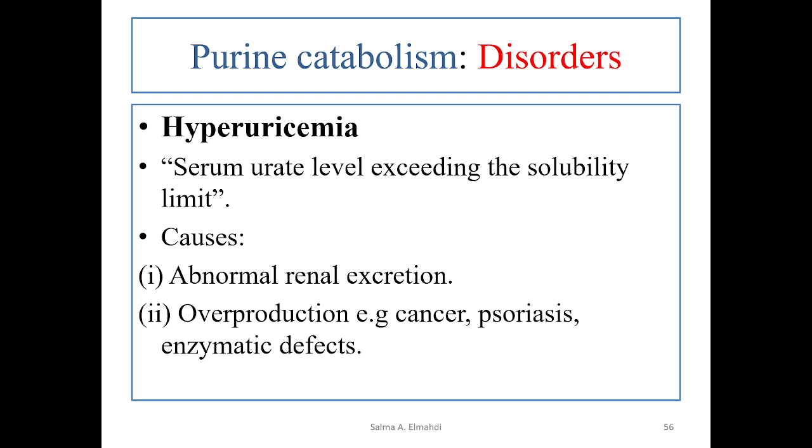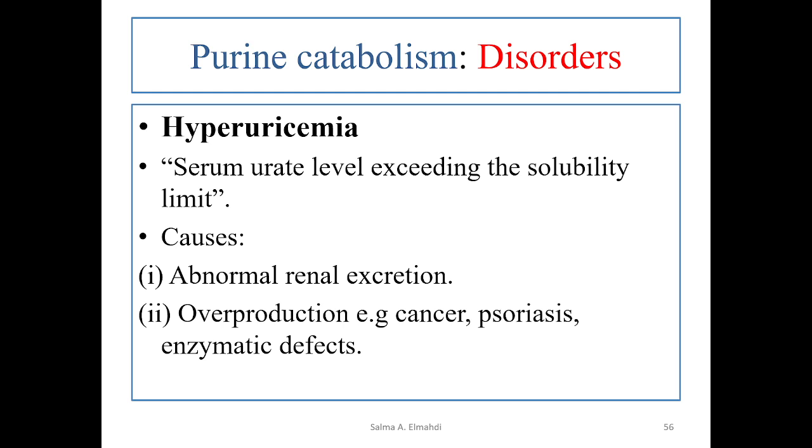Psoriasis is an inflammatory skin condition in which there is also increased division of the outer layers of the skin. So the keratinocytes will divide at an abnormal rate, forming plaques.